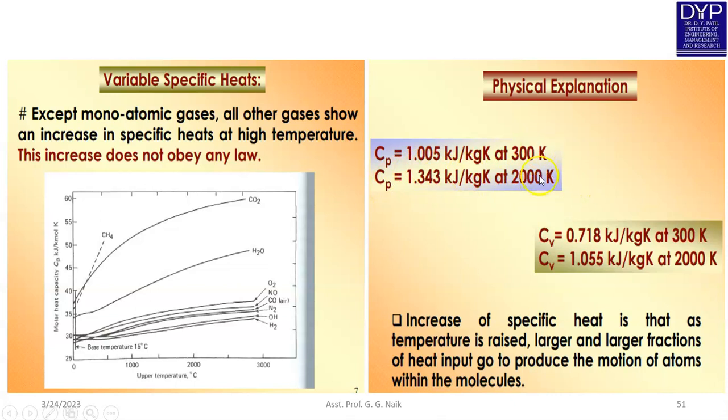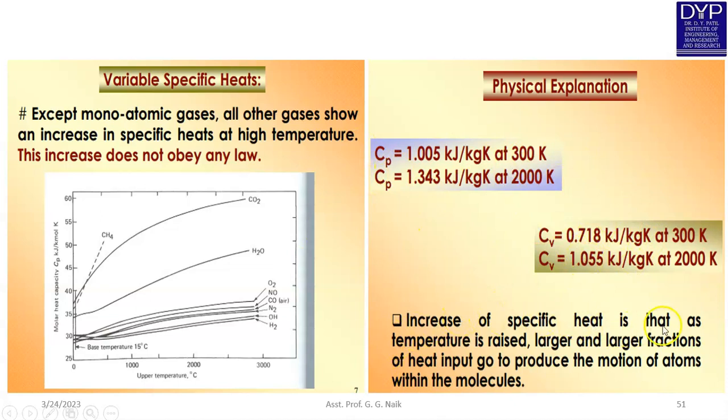So as the temperature increases, Cp also varies. And what about Cv, the constant volume specific heat? It is 0.718 kilojoule per kg Kelvin at 300 Kelvin, and Cv is equal to 1.055 kilojoule per kg Kelvin at 2000 Kelvin. So both Cp and Cv vary with temperature. These values you have to remember.